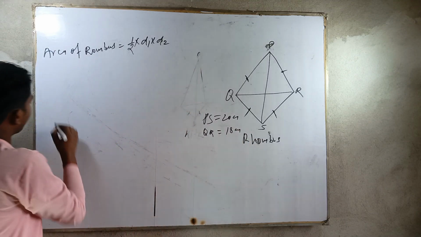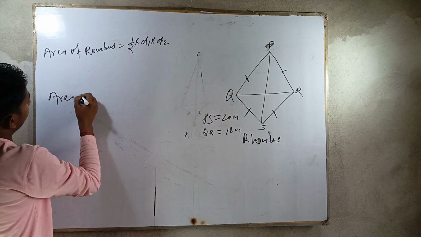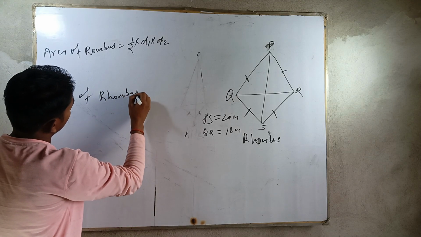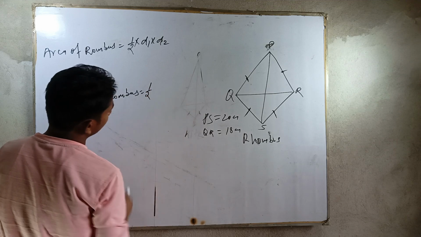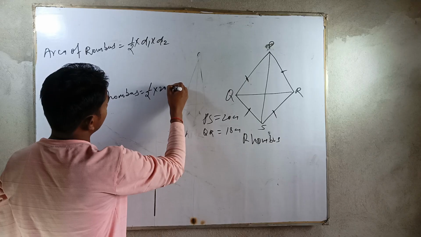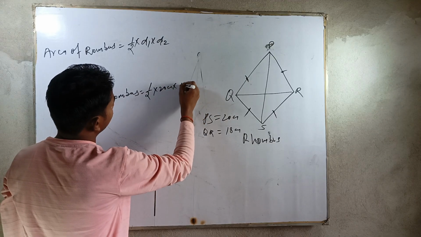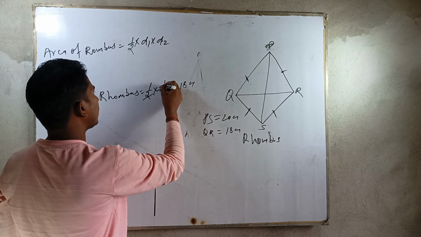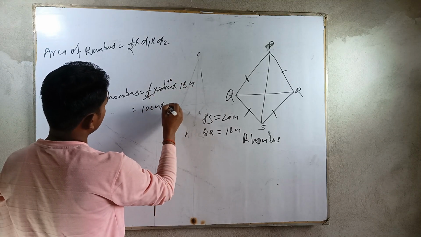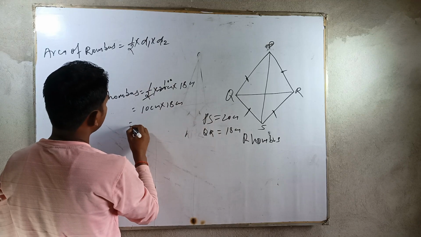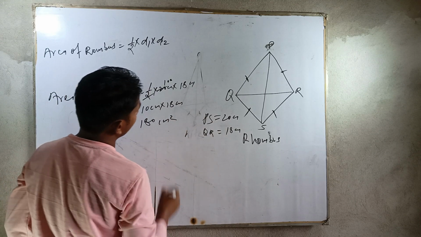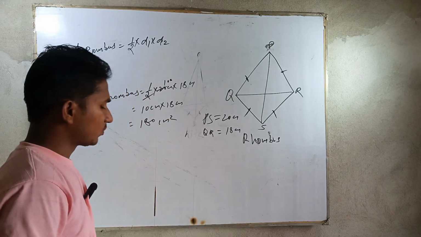Then I will find the area of the rhombus, equal to 1 by 2 into 20 centimeter cross 18 centimeter. That is 10 centimeter cross 18 centimeter, which is 180 centimeter square area of the rhombus.